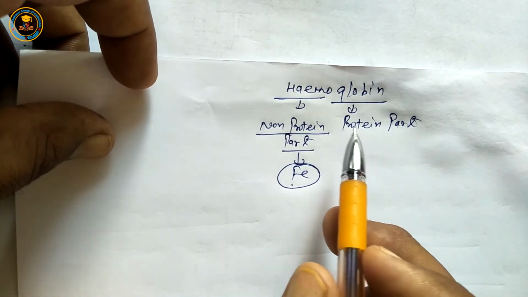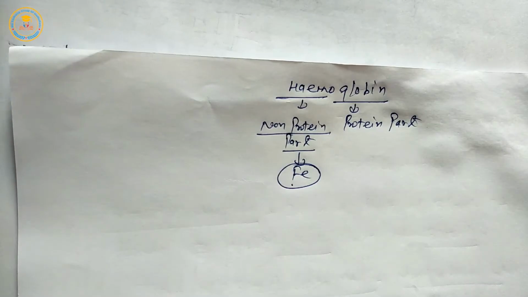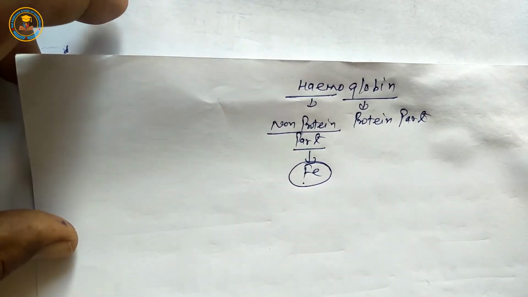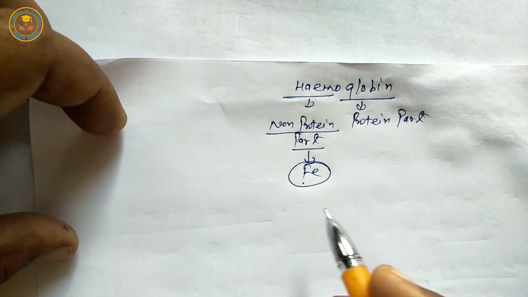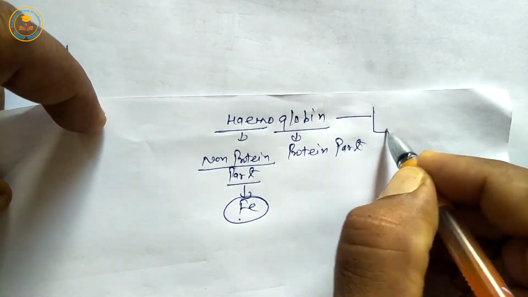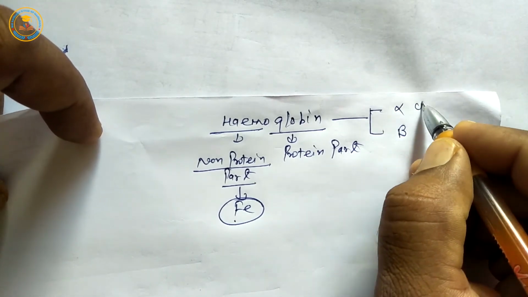Second, a single hemoglobin molecule carries 4 oxygen molecules. Next, hemoglobin has 2 chains, first alpha, second beta chain.